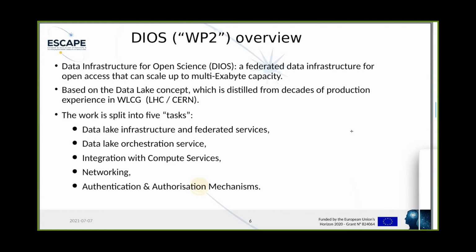There's the data lake orchestration service, which is the task I'm leading, which is more high-level stuff. Then there's integration with compute, which is basically being able to test our testbed. Networking, dealing with awkward network connections, and authentication and authorization, knowing who you are and what you're allowed to do.